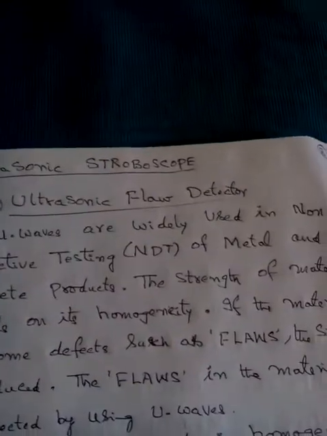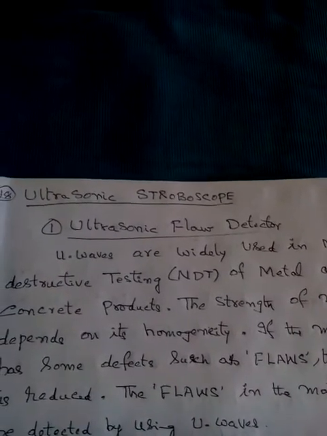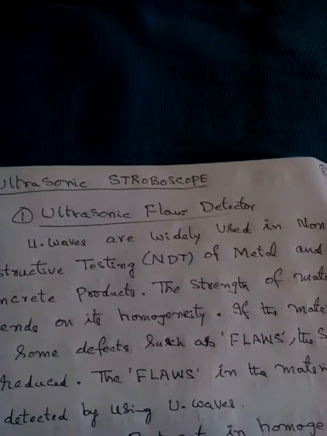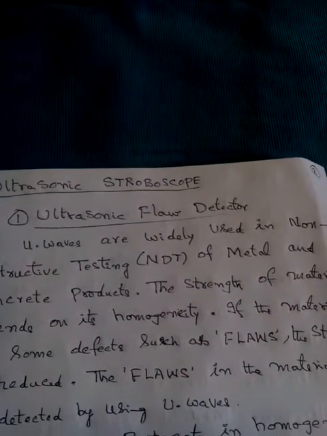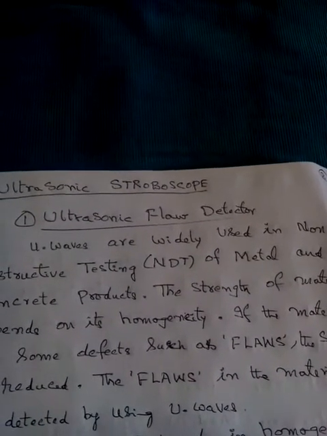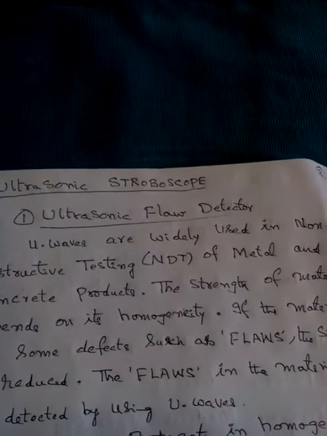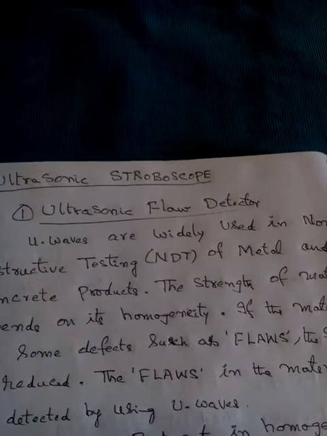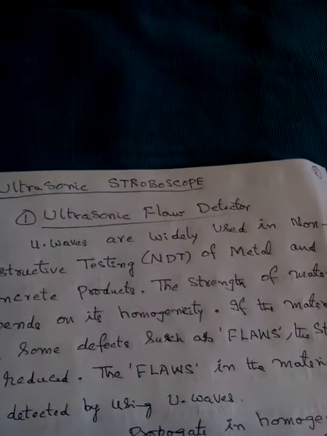Non-destructive means without disturbing or destroying the material or metal or product, we can find out whether it is defective or not by passing ultrasound through it. This is what you call ultrasonic flaw detector, non-destructive testing.